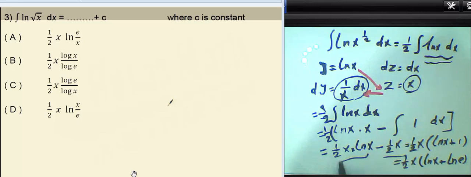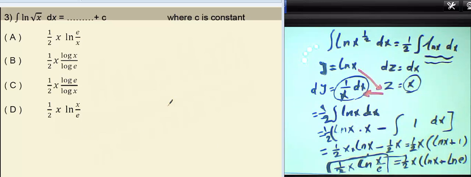Write half multiplied by x multiplied by ln of x over e. x over e is the result of this example. We used the property of ln x plus ln e, meaning ln of x over e, multiplied by half, and the result will be half ln x over e. So we must choose the third option, D, for this example.